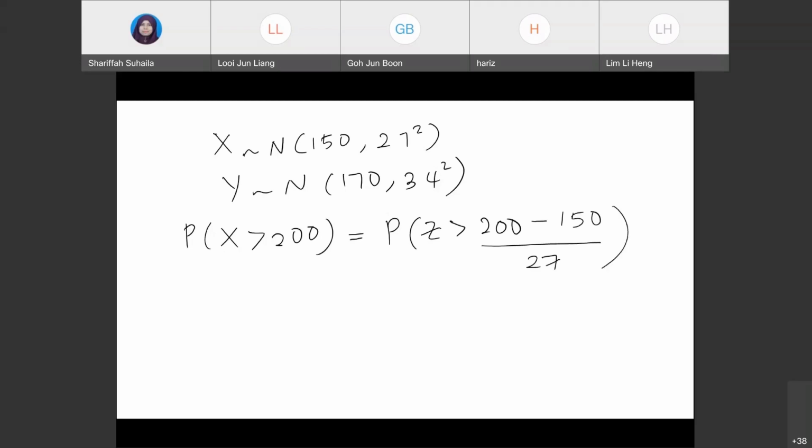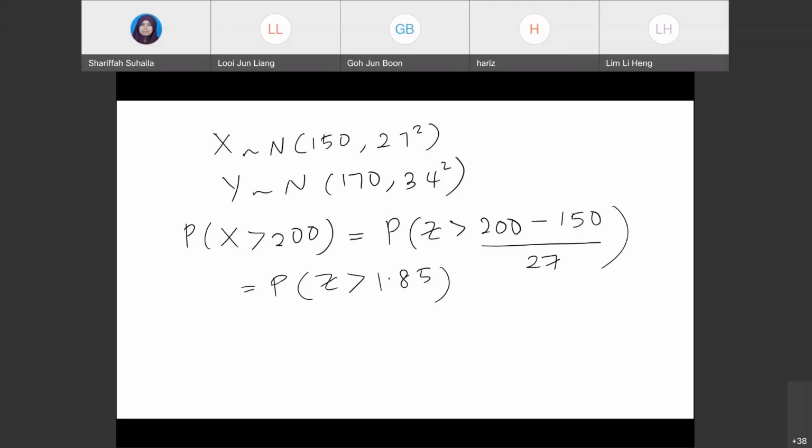So check in your calculator. What is the value? You have the probability Z greater than (200 minus 150) divided by 27, which gives 1.85. So Z greater than 1.85. You refer to your stats table, under row 1.8 and then under column 0.05.